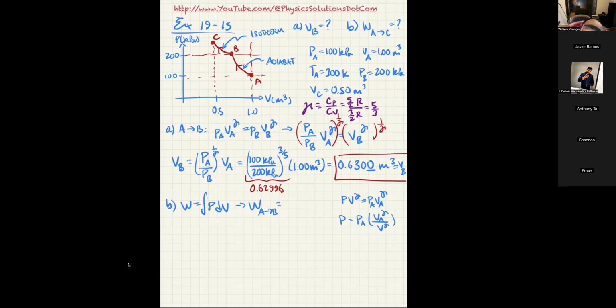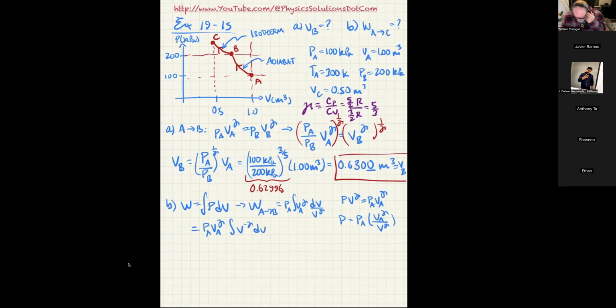So now I can write PA times VA to the gamma times the integral of dV over V to the gamma. So this part becomes PA VA to the gamma times the integral of V to the negative gamma dV.